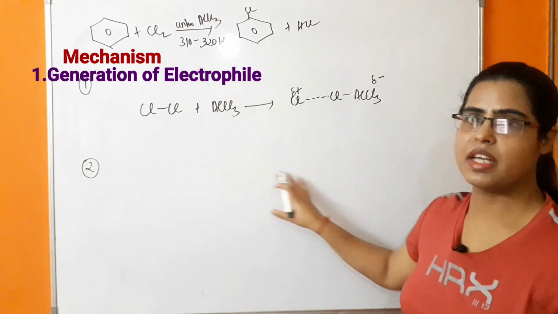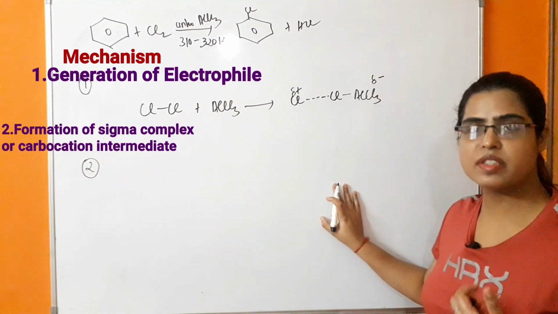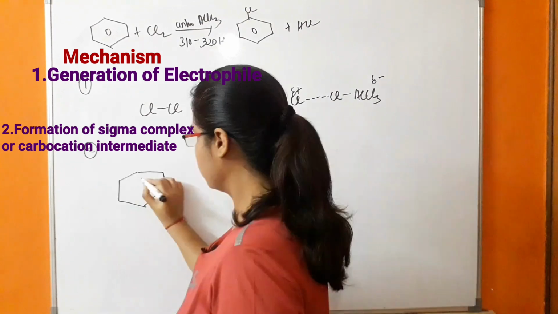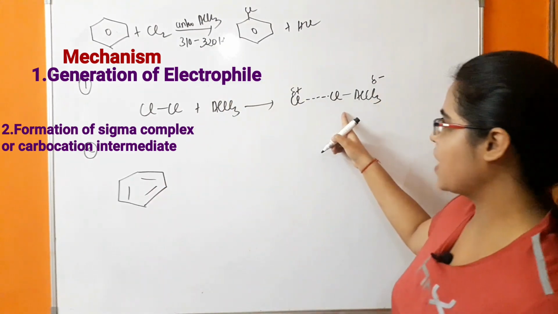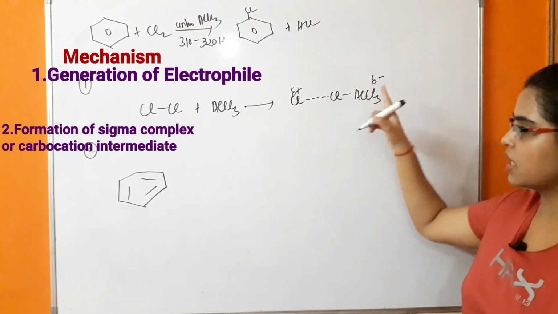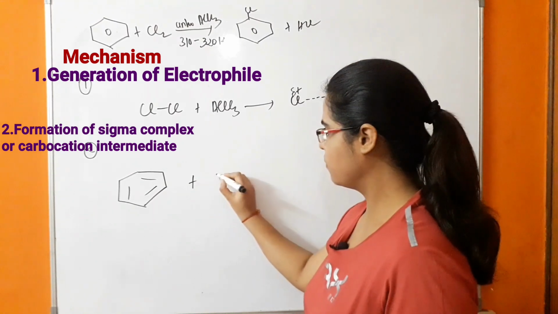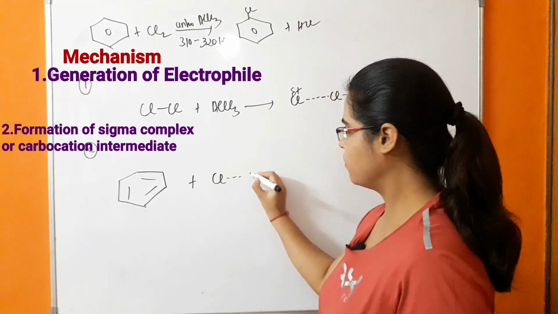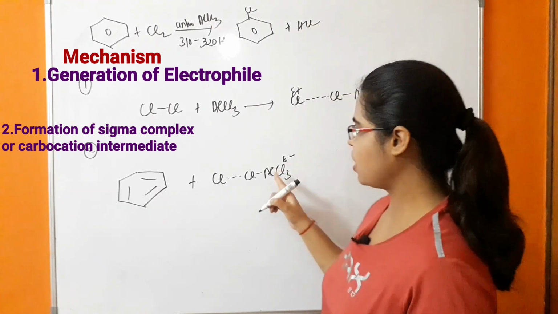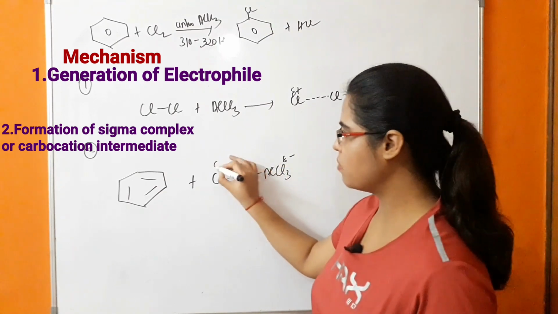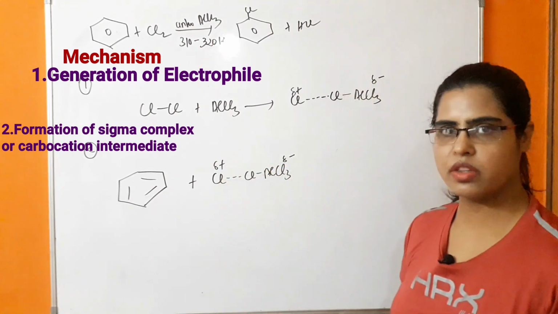In the second step, there is a formation of sigma complex taking place. So what is happening in this case? This polarized molecule, this halogen carrier, in which there is partial negative charge on this part and partial positive charge on this part.